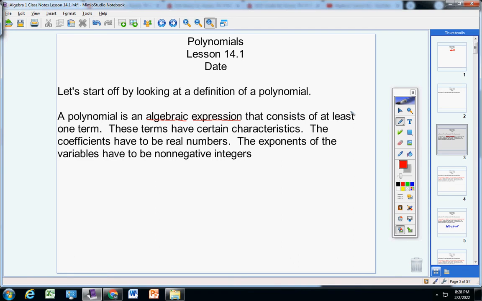Okay, so a polynomial is an algebraic expression that consists of at least one term. These terms have certain characteristics. The coefficients have to be real numbers. We have yet to really talk about imaginary numbers, so we're not going to worry about that right now, but just to give you a formal definition, your coefficients have to be real numbers.